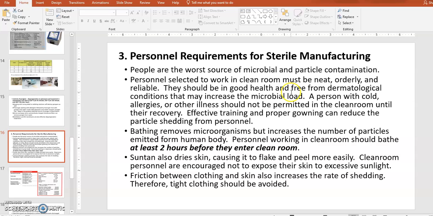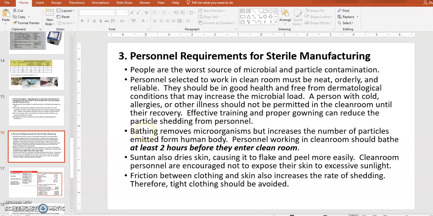They should also be free from dermatological condition, no skin problems, rashes, and things like that. And the person with cold, allergies, or other illness should not be permitted into the clean room because they can contaminate. And the effective training and proper gowning can reduce the particle shedding from personnel, of course.